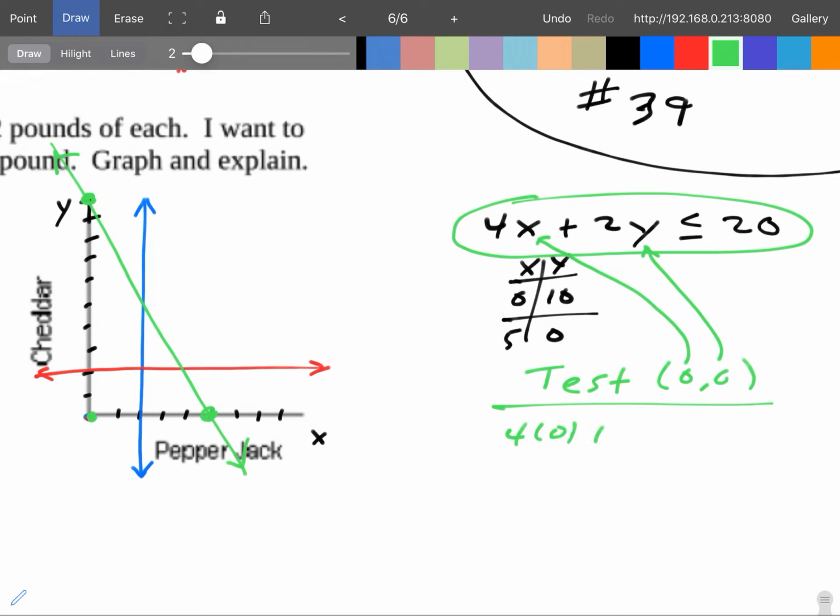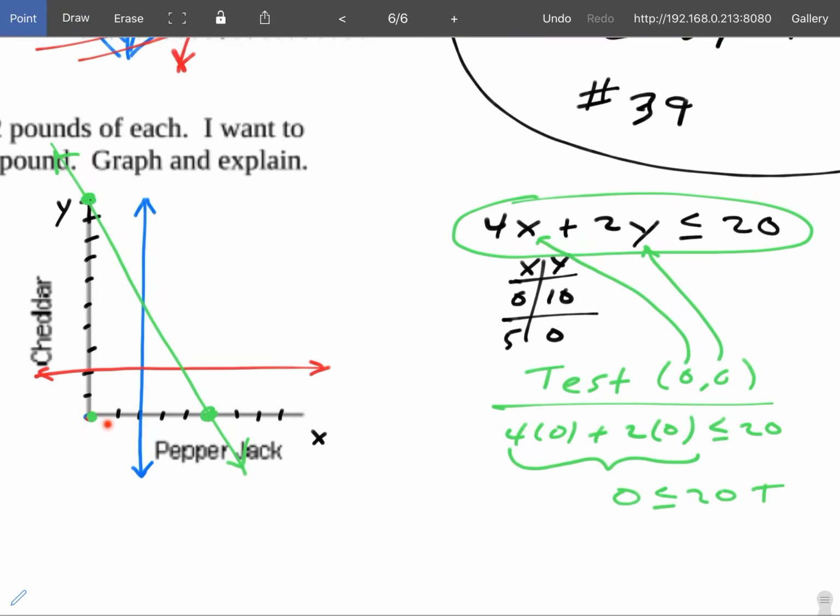So that's going to give us 4 times 0 plus 2 times 0 is less than or equal to 20. Well, 4 times 0 plus 2 times 0, that's a 0. So we get 0 is less than or equal to 20. Is that true or false? It's true. Yep, good. So that's true.